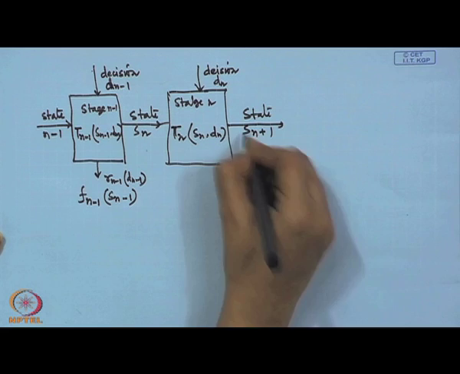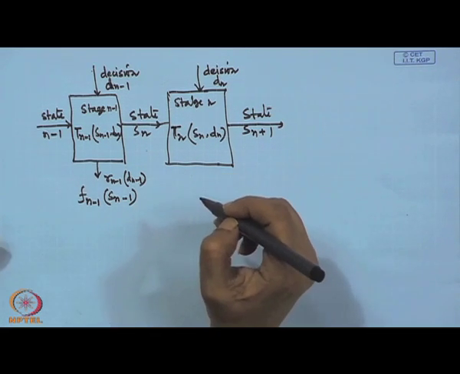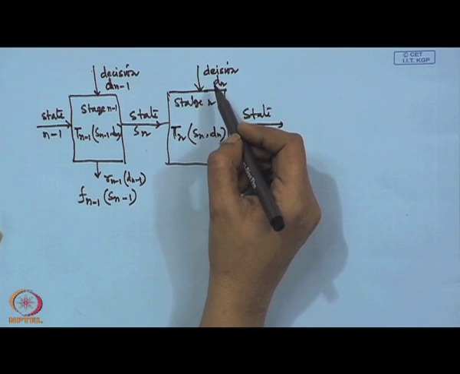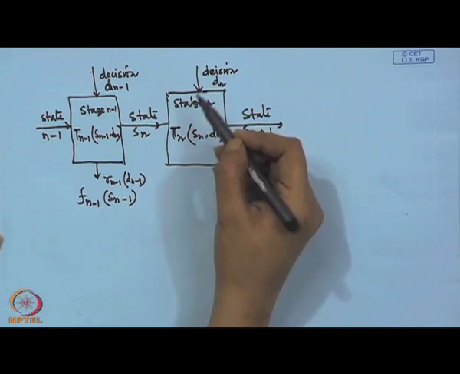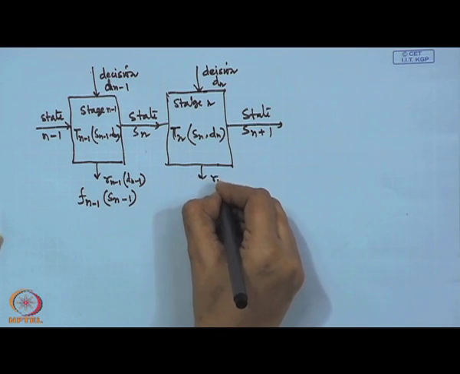That is the idea of the multi-stage decision making process: for every stage there are alternative decisions, and for every decision we need the information of how much return I am gaining.